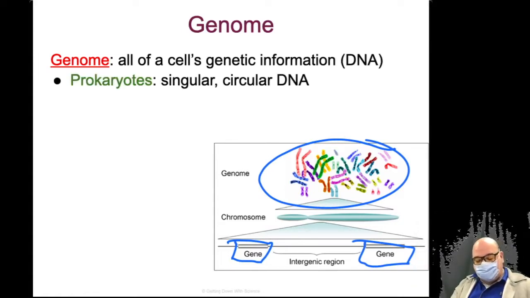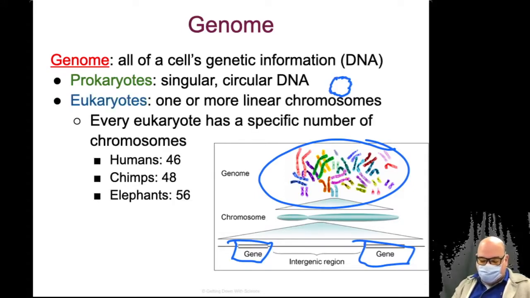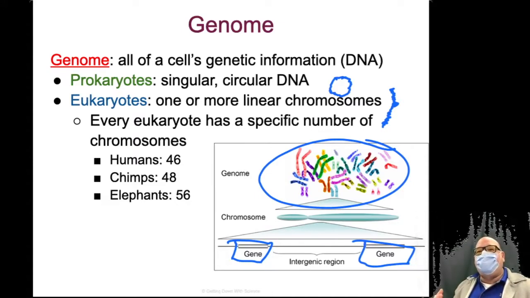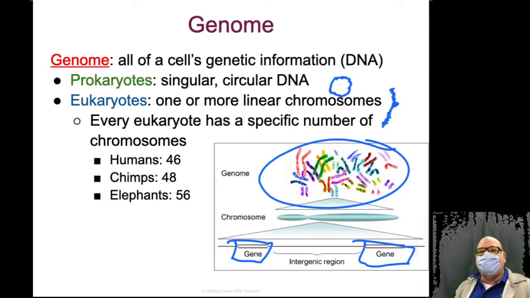Now, just to review, we talked about this already. In prokaryotes, that's going to be a single circle of DNA. In eukaryotes, it's going to be a linear chromosome. Usually we see those kind of like that. Now, every eukaryote has some number of chromosomes that's standard.